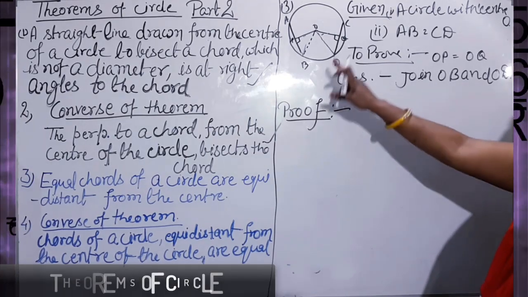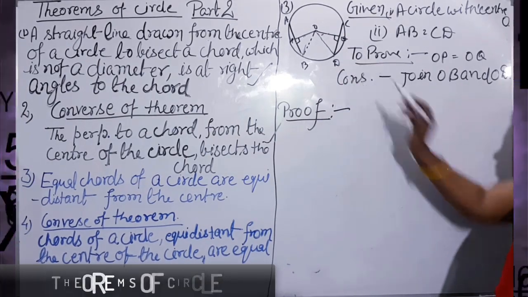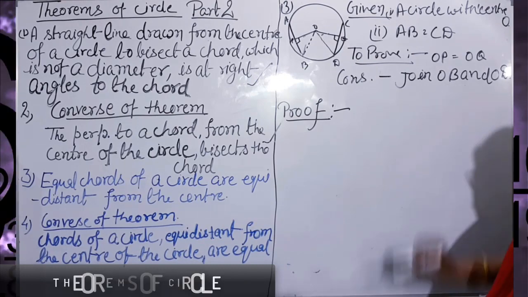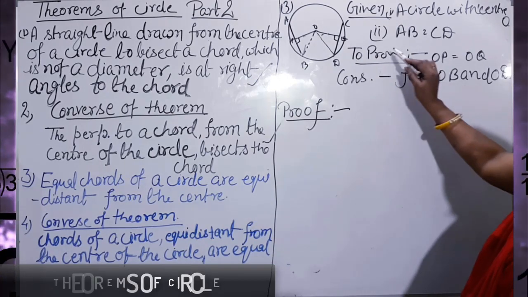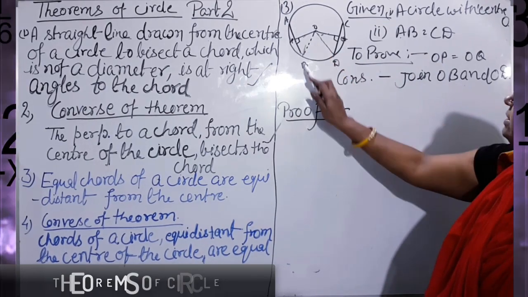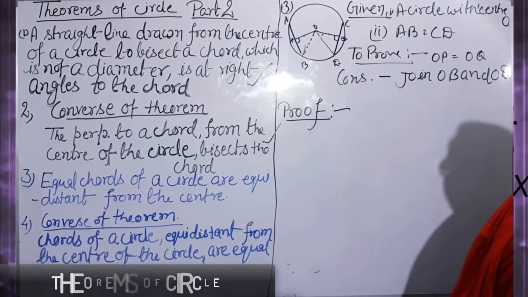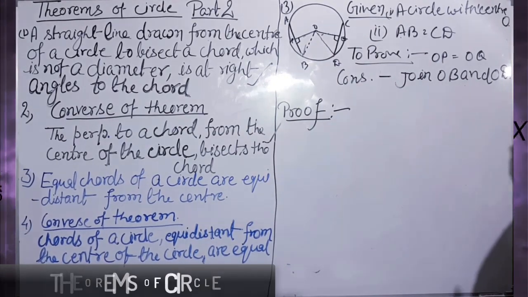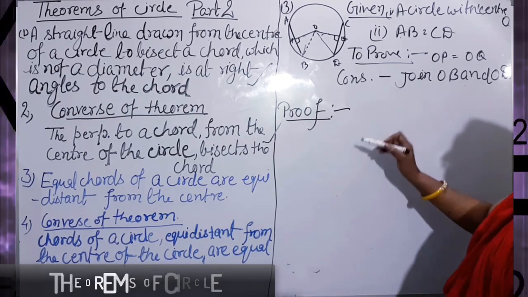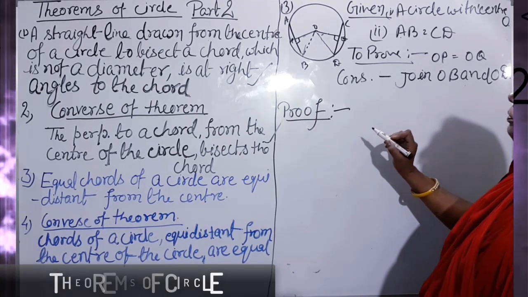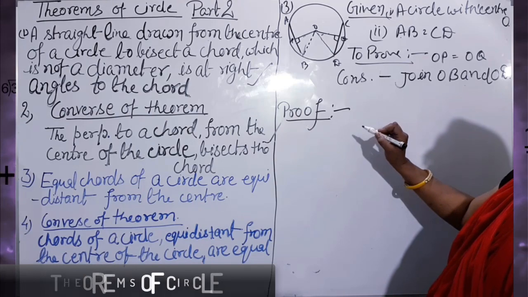By construction, OB is equal to OD, and given AB is equal to CD.